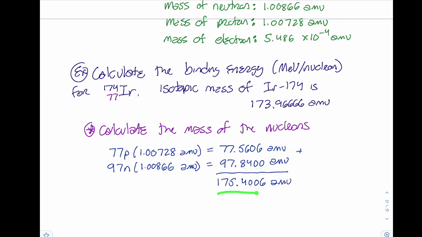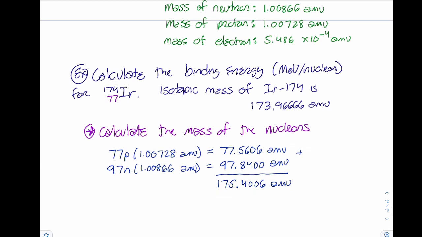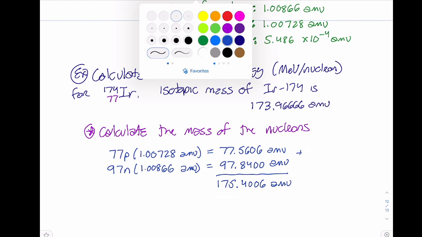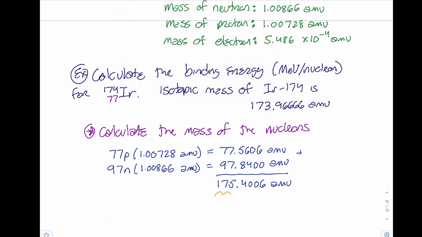So even though I now have more significant digits, my rule for adding is digits after the decimal point. So this is the mass of my nucleons when they're outside of the nucleus. And again, we can already see that it's much larger than this number, and this number here includes my electrons.